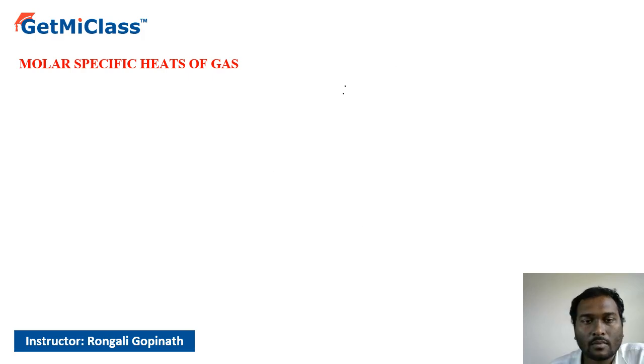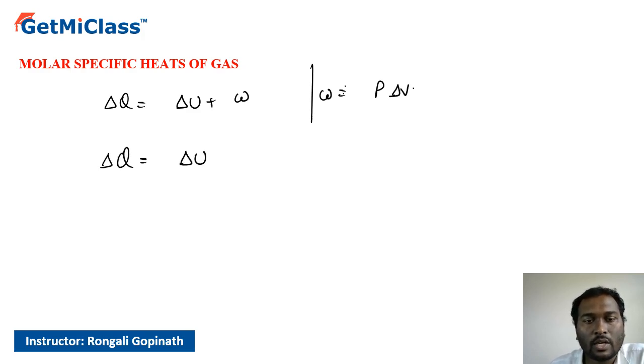So that one part from thermodynamics is delta Q is delta U plus W, where W is nothing but P delta V. So I have delta Q equals delta U plus P into delta V. We know the formula for delta U, we have found it just now.